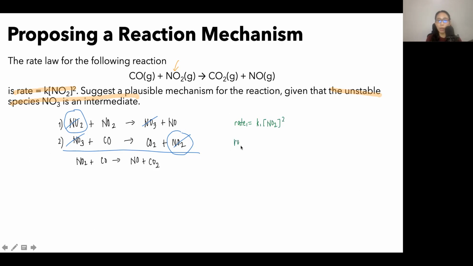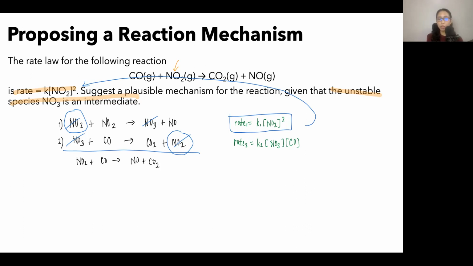And for step 2, we have K2 times NO3, that's your intermediate, times CO. Now, even without proceeding class, you can already make a conclusion that this is a plausible mechanism because looking at the rate law of step 1, it's already equal to the experimental rate law. So you just make a conclusion that in this mechanism, the first step is a slow step, and then the second step is a fast step.